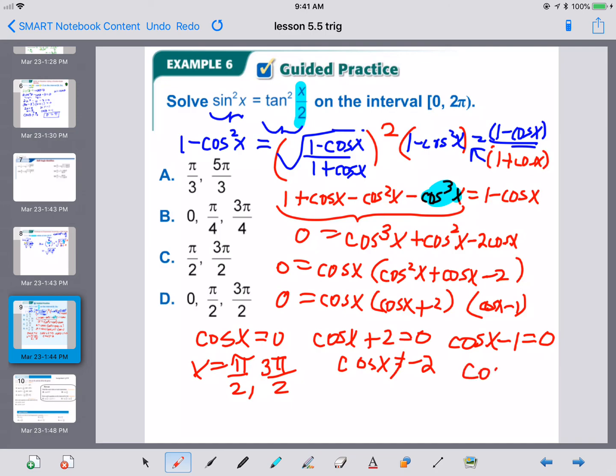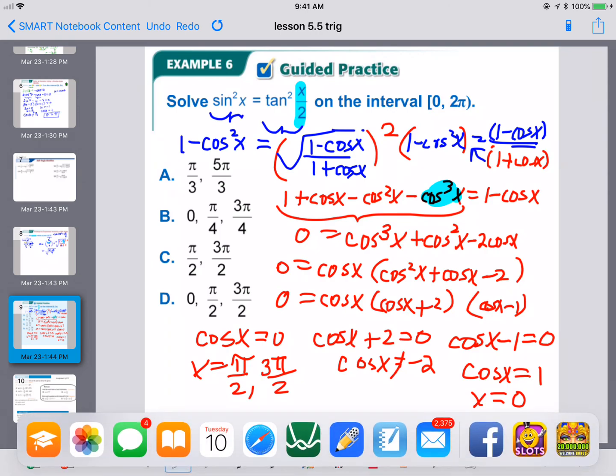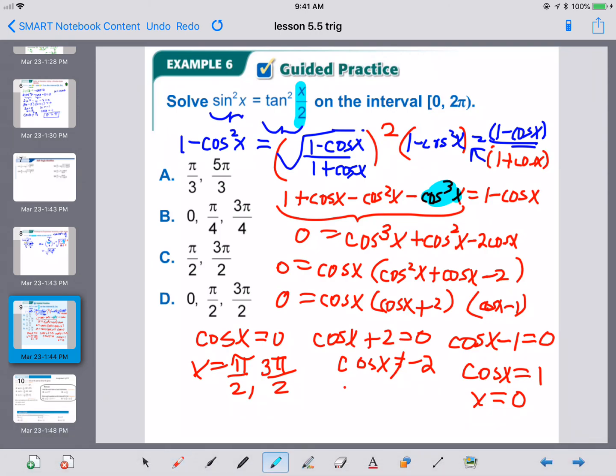This last one, the cosine of x is equal to 1 in just one place. That is 0. It's also 2 pi, but look at the way that they've written our interval up here. They've written our interval with a parenthesis on the 2 pi, so you don't have to include it. If it had a bracket on the 2 pi, you'd include it. So our answer is pi over 2, 3 pi over 2, and 0. Which is D.